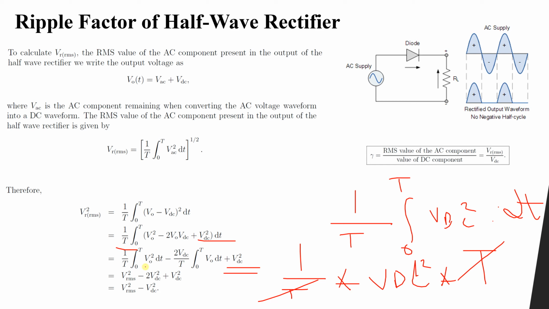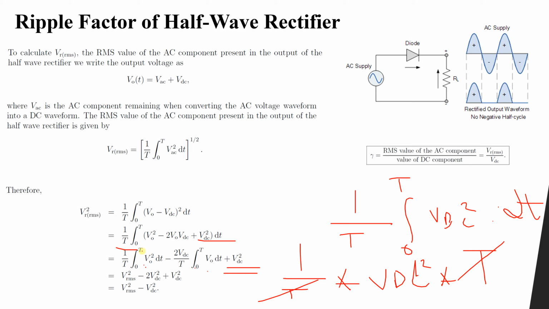So we have these two components remaining. Again, what we did is divide this integration into three parts: first part, second part, and third one.